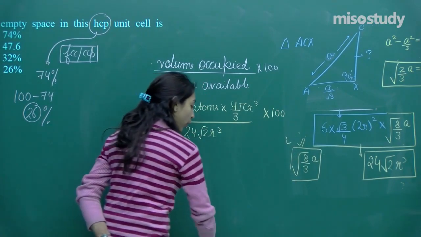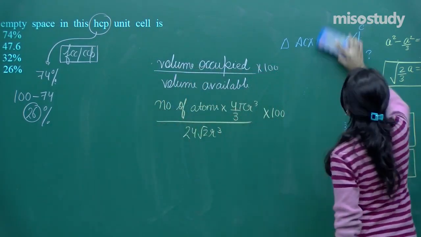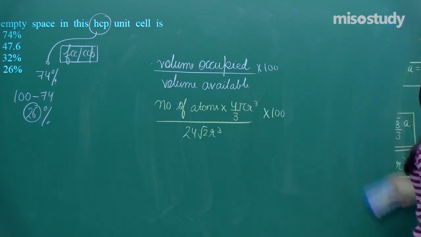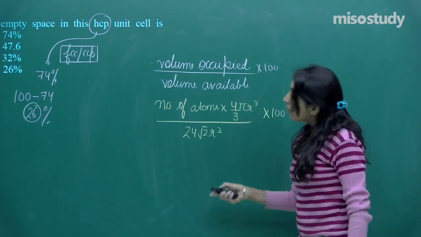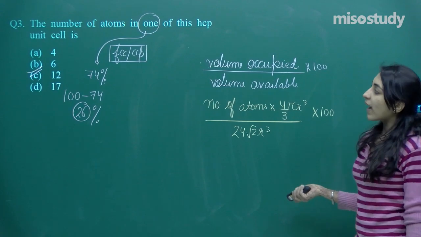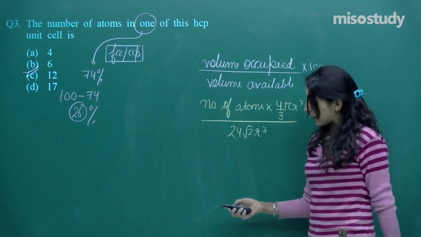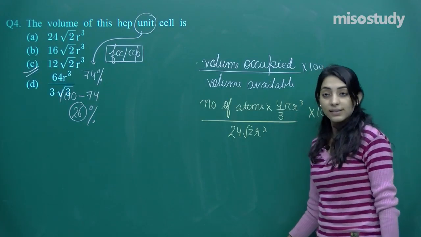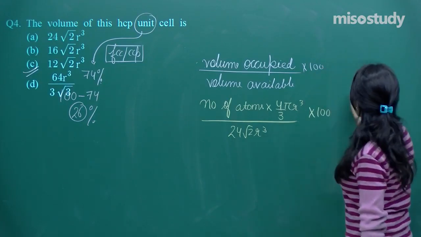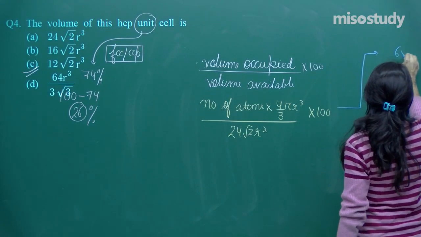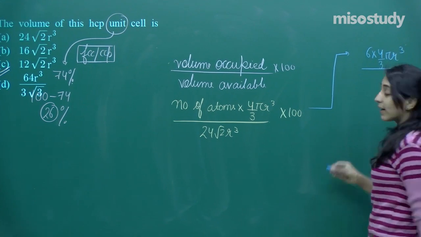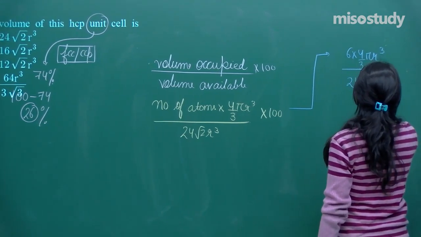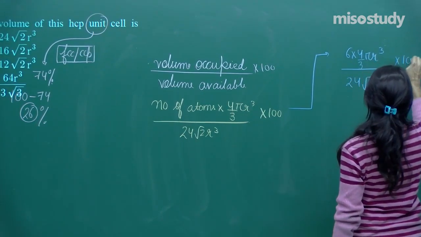Now if you are planning to calculate the number of atoms available in the case of hexagonal closed pack structure, you remember we have done the third question. The third question was to calculate the number of atoms in one HCP, and I remember the answer was coming out to be 6. So the final answer will be 6 multiplied by 4 by 3 pi r cube, to be divided by 24 root 2 r cube, multiplied by 100.